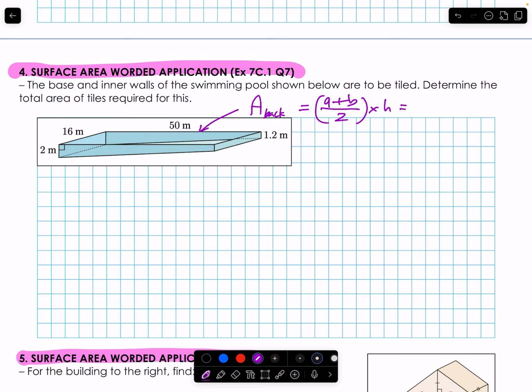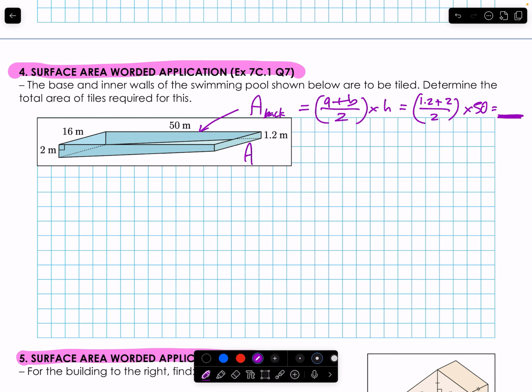So how tall is A? It's 1.2 plus B, which is 2. Divide that by 2, times it by how tall is it? The tallness is the distance between the parallel sides. So the distance between that and that, which you're told is 50 meters. So times it by 50 equals, let's do a line there. That's the area of the back.